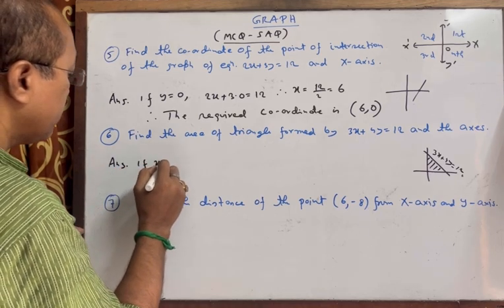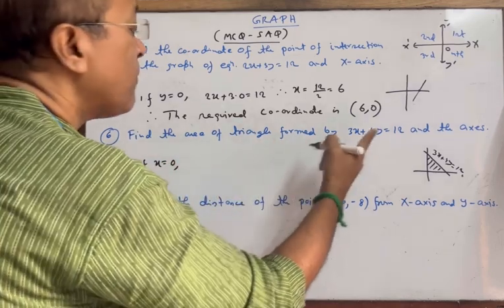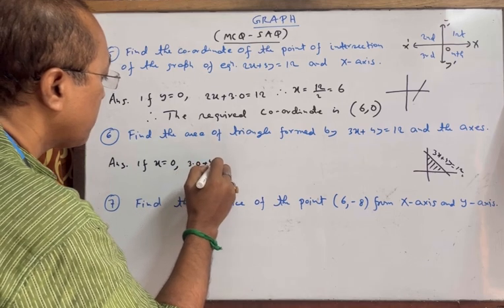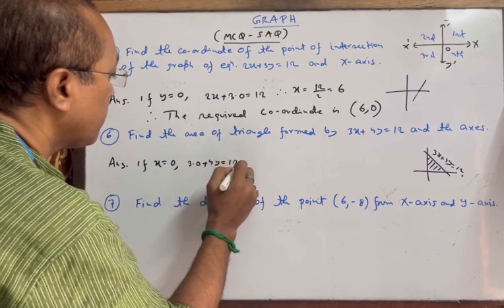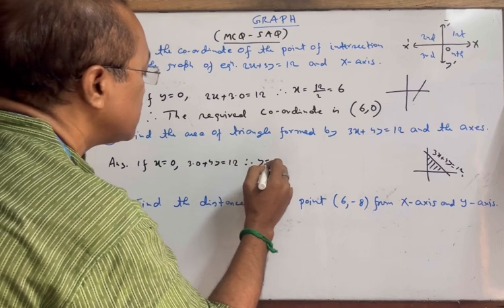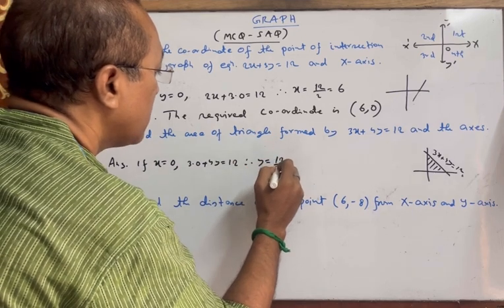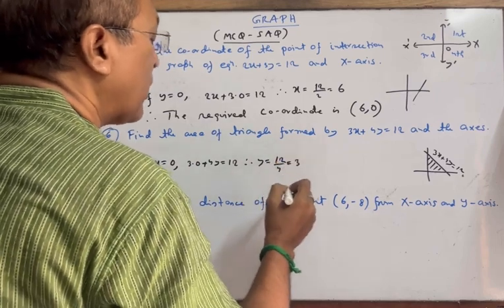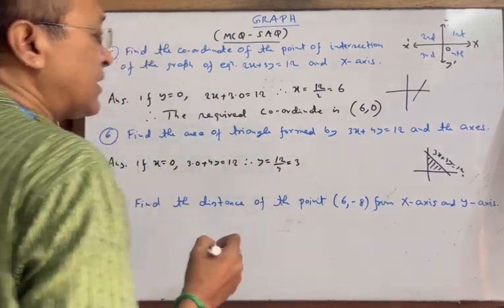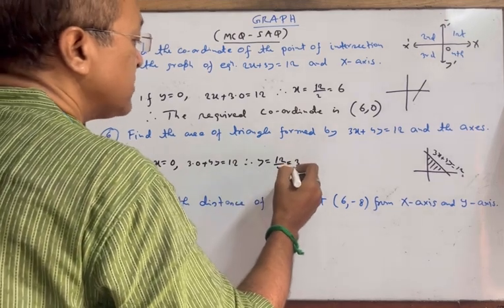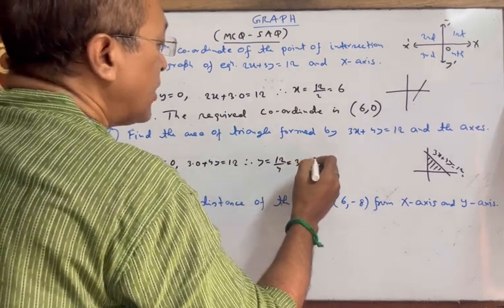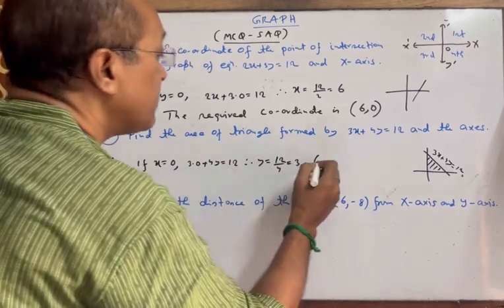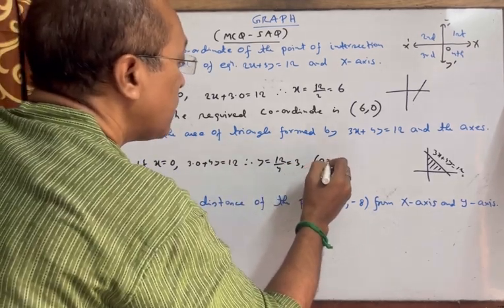If x is equal to 0, then y is equal to 12 by 4, that is 3. Means the point of coordinate will be (0, 3).